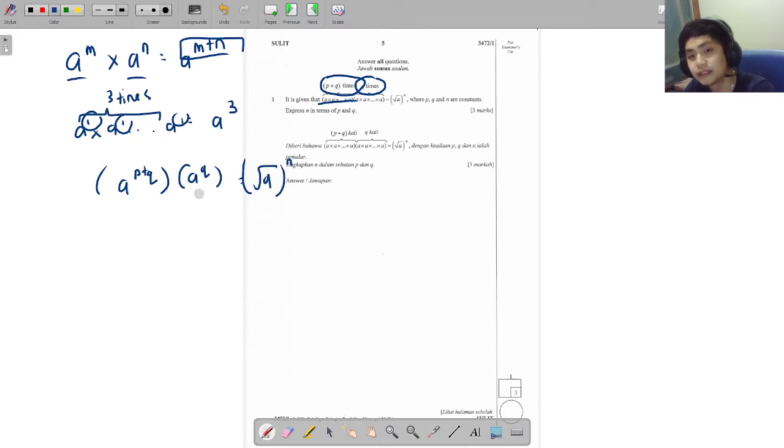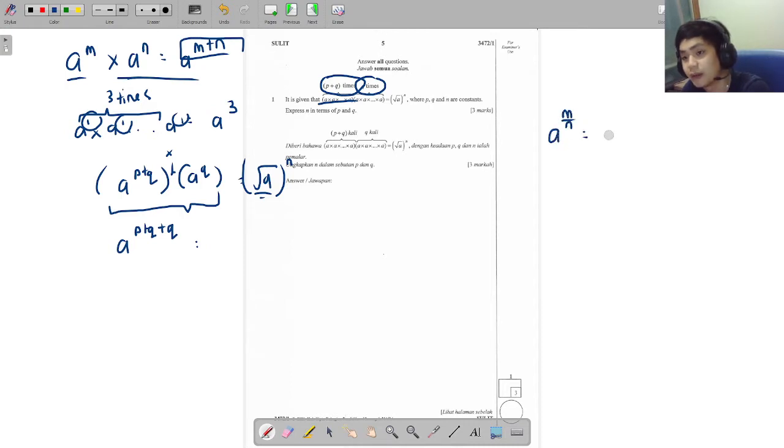From here I can apply the first law of indices that I have mentioned. So it is a to the power of p plus q, because this is also a multiply. When you see two brackets together without any symbol, we consider that as multiply. And the square root of a^n, we can convert it to index form by using another indices law, the fractional index.